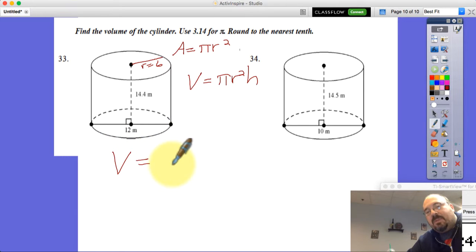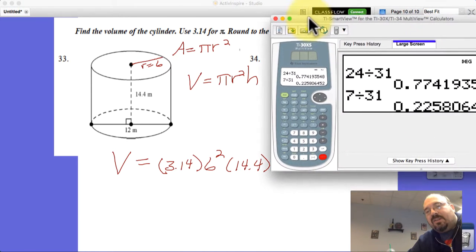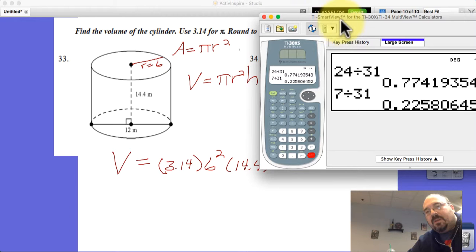So volume is pi, and they said use 3.14, r squared, and then h is 14.4. And then all we're going to do is plug this into our calculator.